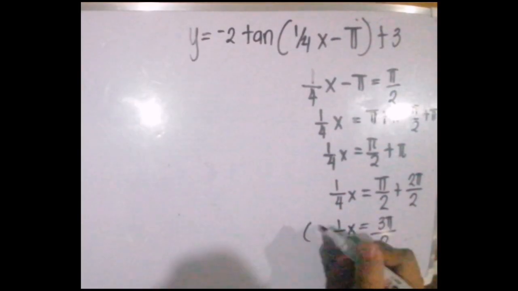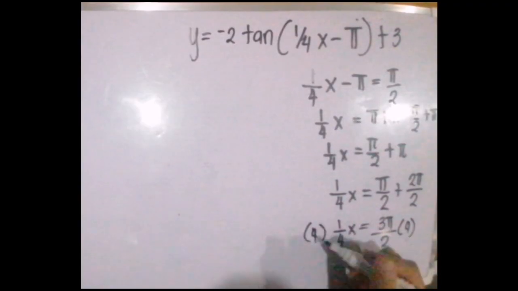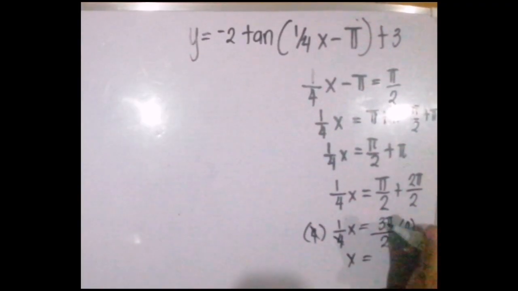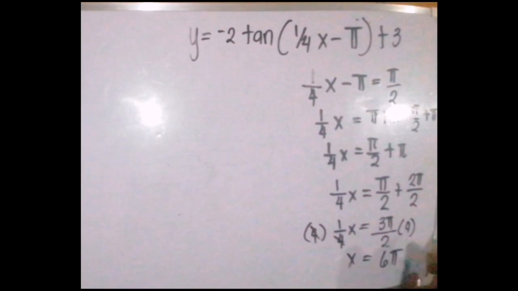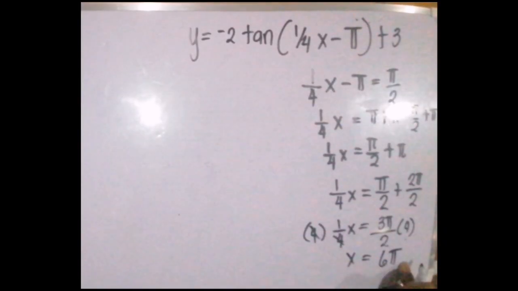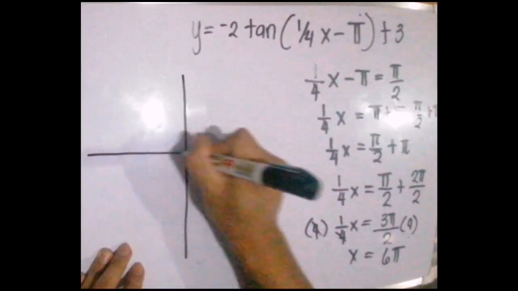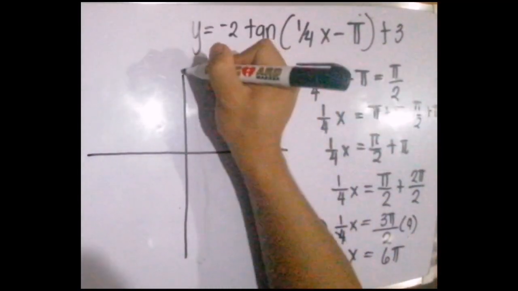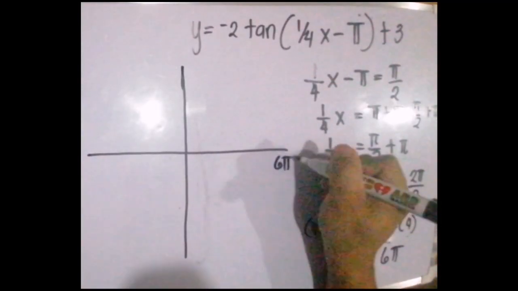So multiply both sides by 4. So x, 4 times 3 is 12, divided by 2 is 6. So this is the phase shift. So 6 pi is our phase shift.